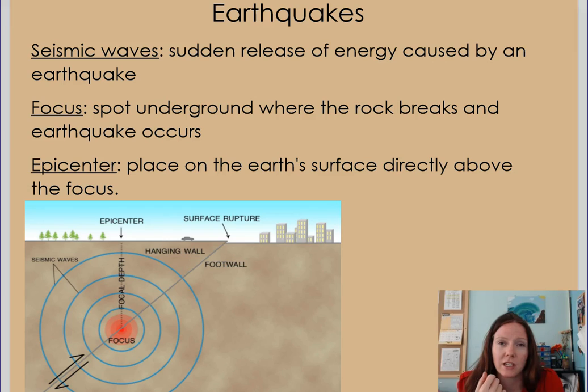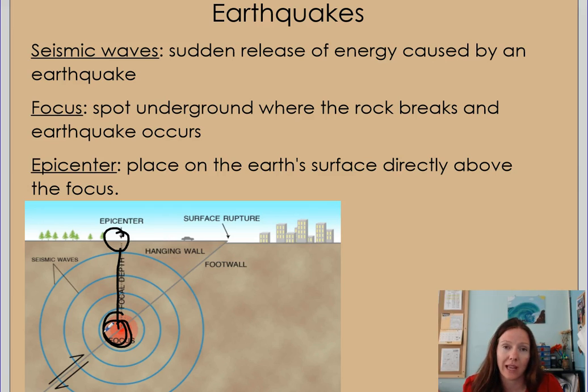A couple of words that come up often when you hear about earthquakes in the news are the earthquake's focus and the earthquake's epicenter. Most often, people are concerned about the epicenter. The epicenter is the point on the Earth's surface, like on the map, right above where the earthquake actually happened.